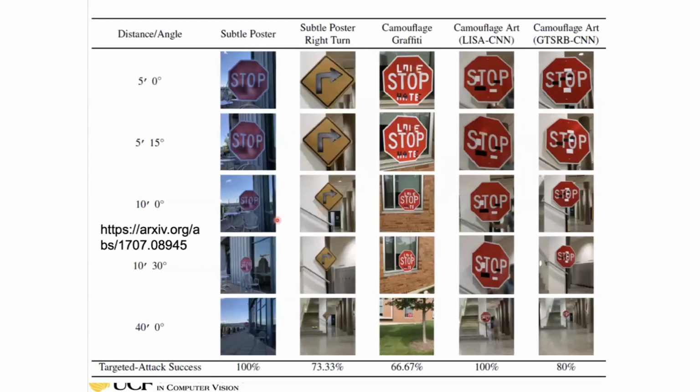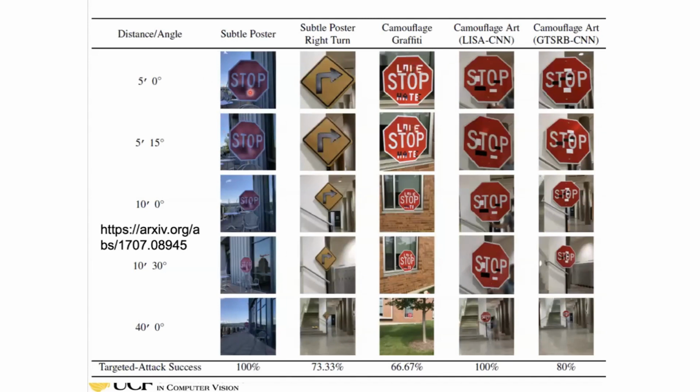And in this paper, they do this physical world attack, and they show that this is also possible and can be very successful. So they're using this stop sign. They print out this poster, and they try different distances and angles, right?